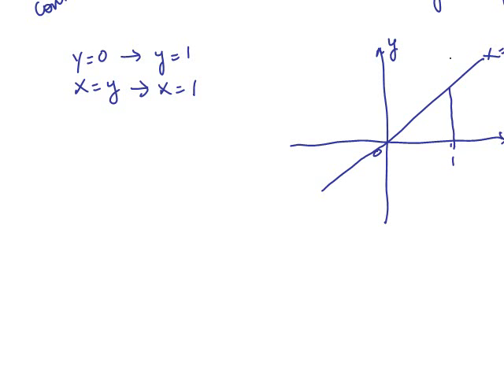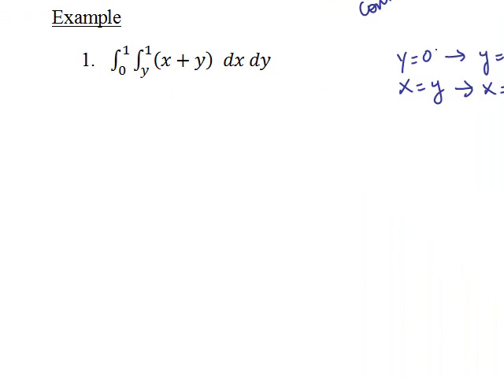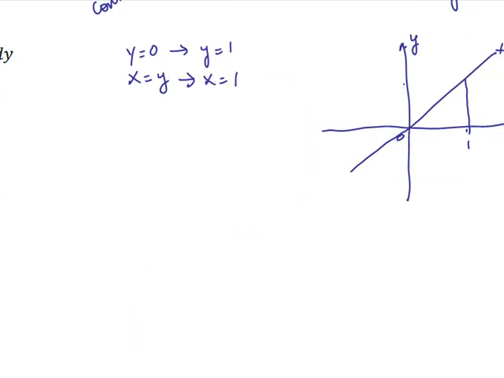Now, shade correctly. And then y equals 0 to y equals 1. So y equals 1 is here. It's horizontally simple, so you go from left to right, x equals y to x equals 1. So this is the region that we are looking at. In other words, this double integral represents the integral of x plus y over this triangle.